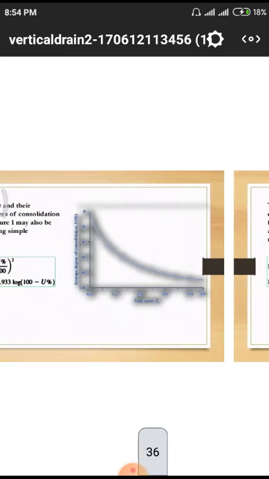Here also we have U, the flow of water, as a function of time, so that the values of the time factor and their corresponding average degrees of consolidation are presented with the figure. In the previous case we had one figure; in this case we have another figure with respect to time factor, but the formulas are the same, only the figure changes.